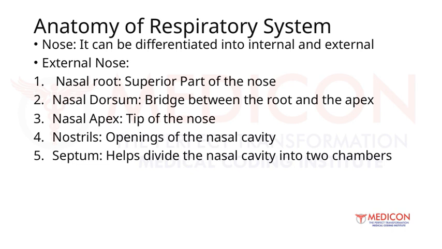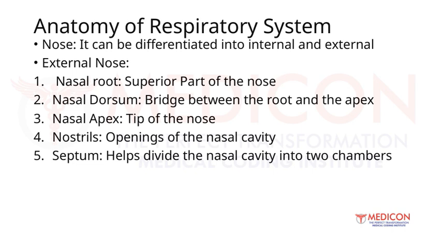This division is essential for proper airflow and also plays a role in supporting the structure of the nose. Understanding these components is fundamental because they all work together to facilitate breathing, filter the air we breathe, and even influence our sense of smell. These features are integral to the overall function of the respiratory system, connecting the anatomy to its vital roles in our health and well-being.